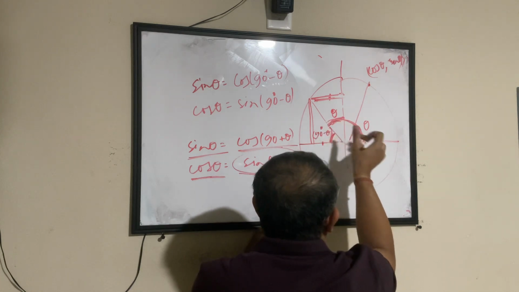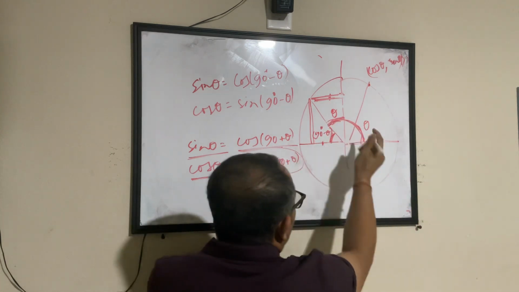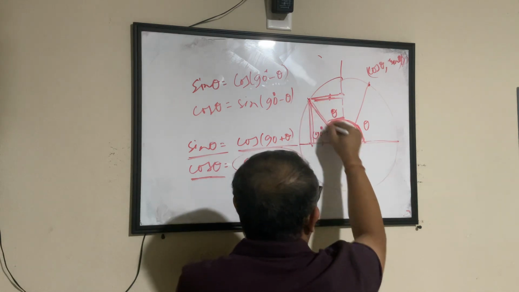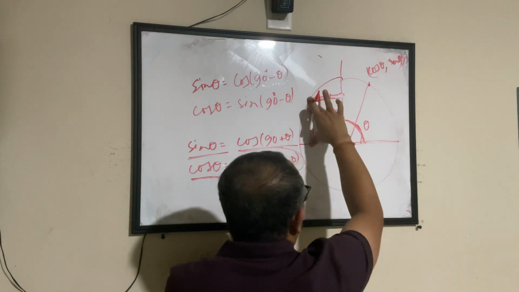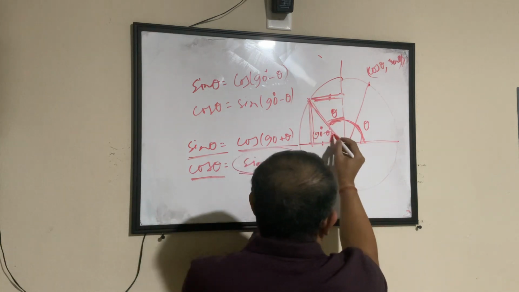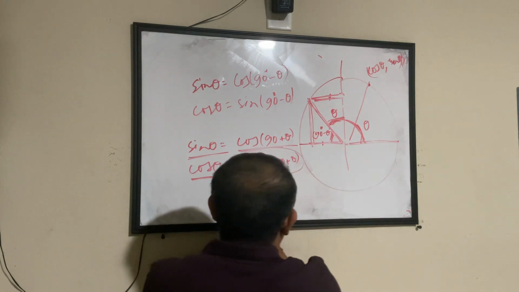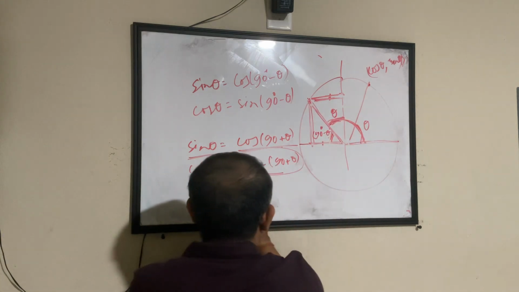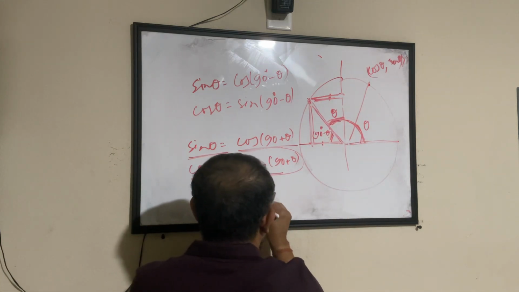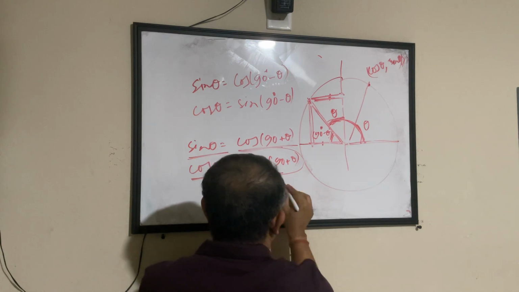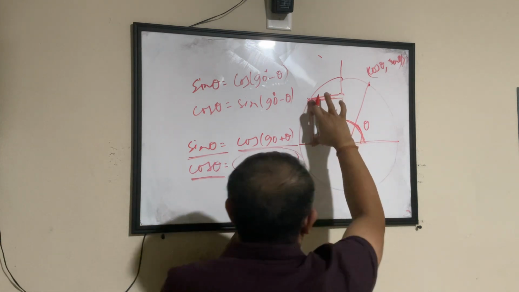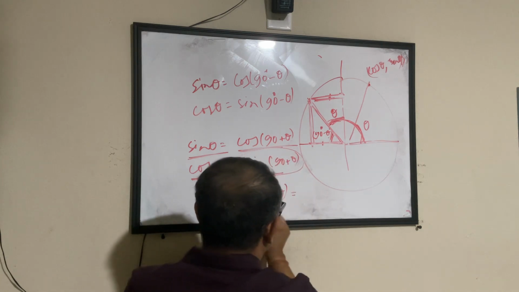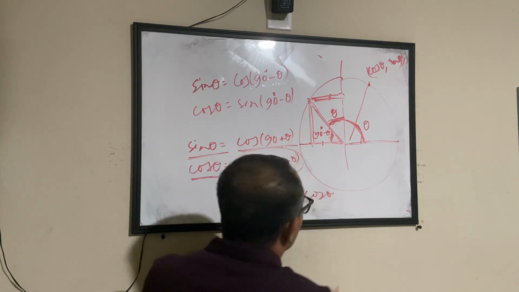So this is theta. If you look at this triangle here, you can relate it with this one, so that your y coordinate value is positive. So y, which will be sine, will be sine of 90 degree minus theta. This will be positive, and sine of 90 degree minus theta is nothing but cos theta.